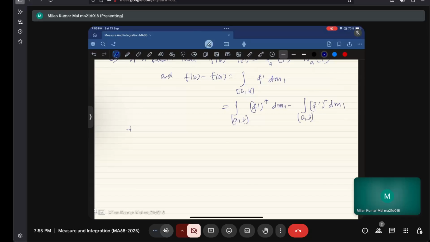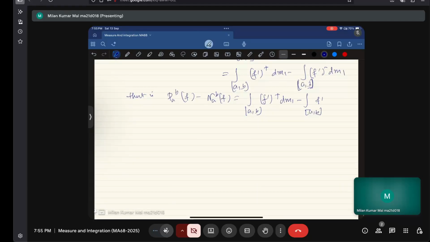So that is PABF minus NABF is equal to the integral from a to b of f dash plus dm1 minus the integral over a to b of f dash minus dm1. This is the first one.